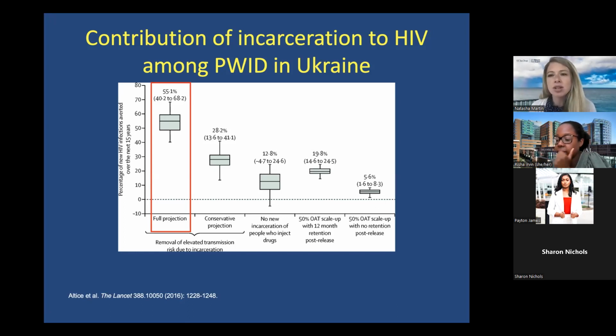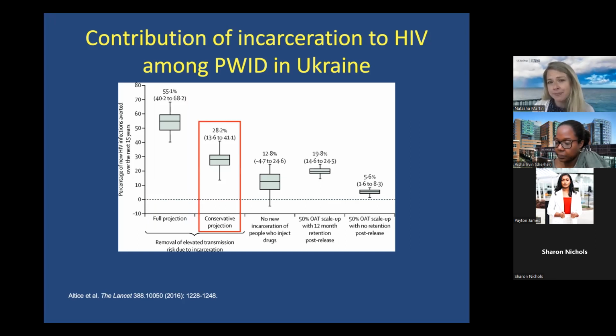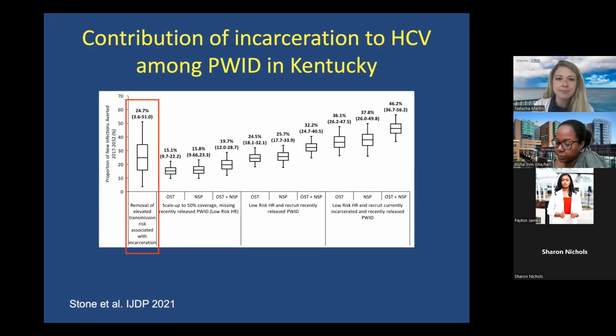This is simulation work that was done in Ukraine, where we estimated that as much as 55%, or over half, of new HIV infections among people who inject drugs in Ukraine could be due to incarceration. Some other more conservative projections indicated that maybe this was a third. So between a third and a half of new HIV infections are associated with this structural exposure, incarceration. Now that's going to vary by epidemic setting and by settings where people are exposed to different amounts of incarceration.